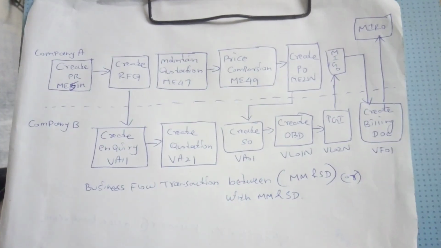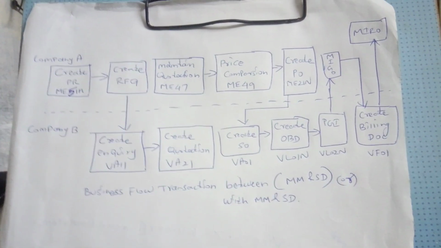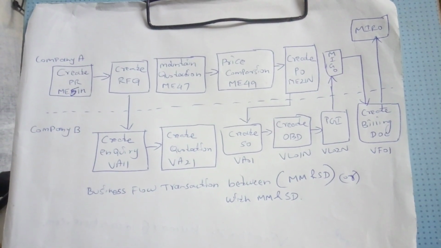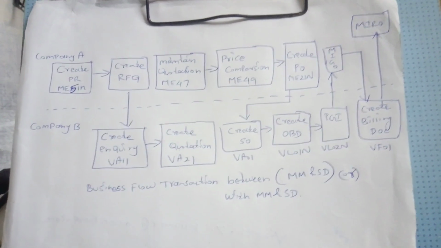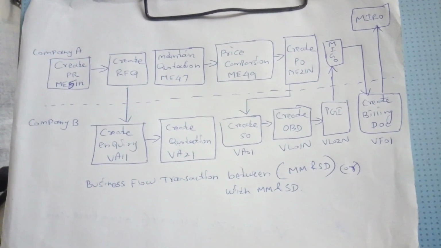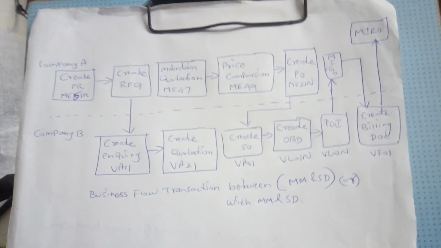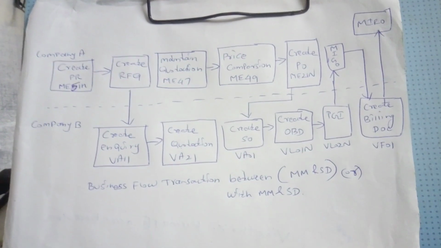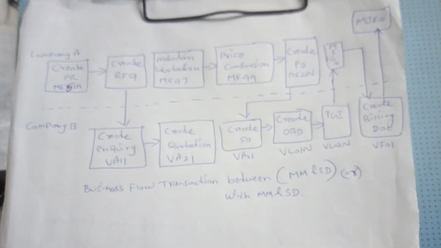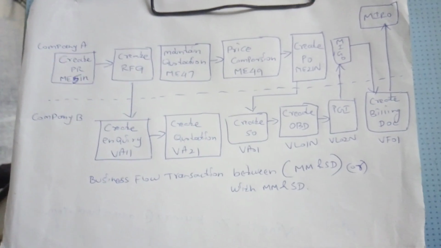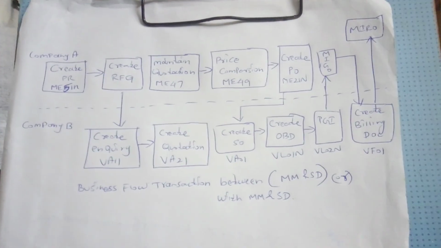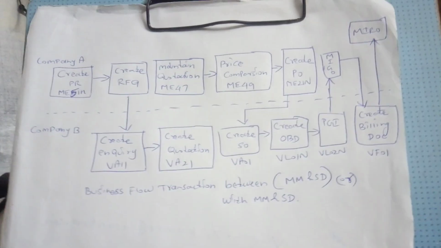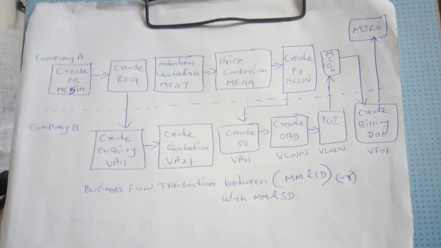That is the final transaction as far as purchasing, that is materials management, is concerned. Next is the payment process, which is taken care of by the finance team. The finance team of company A will process the payment transaction and send the money to the accounts receivable team of company B.